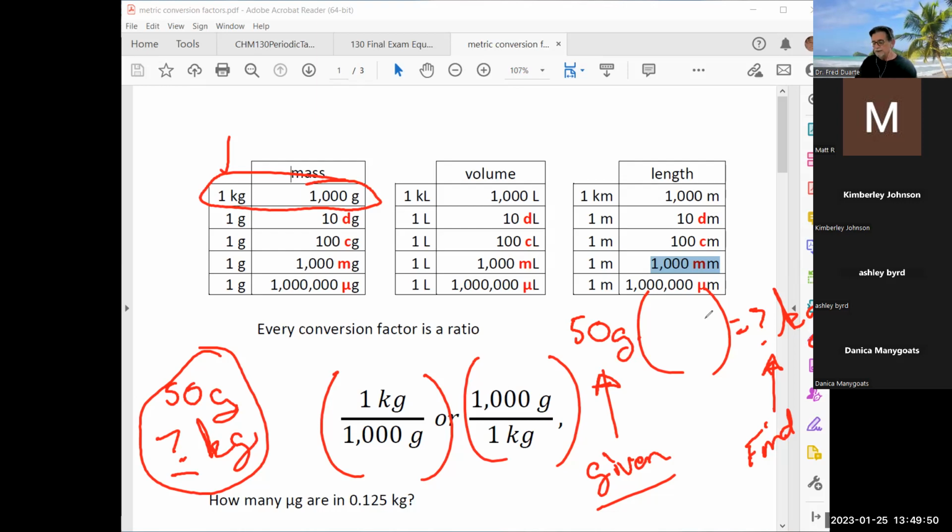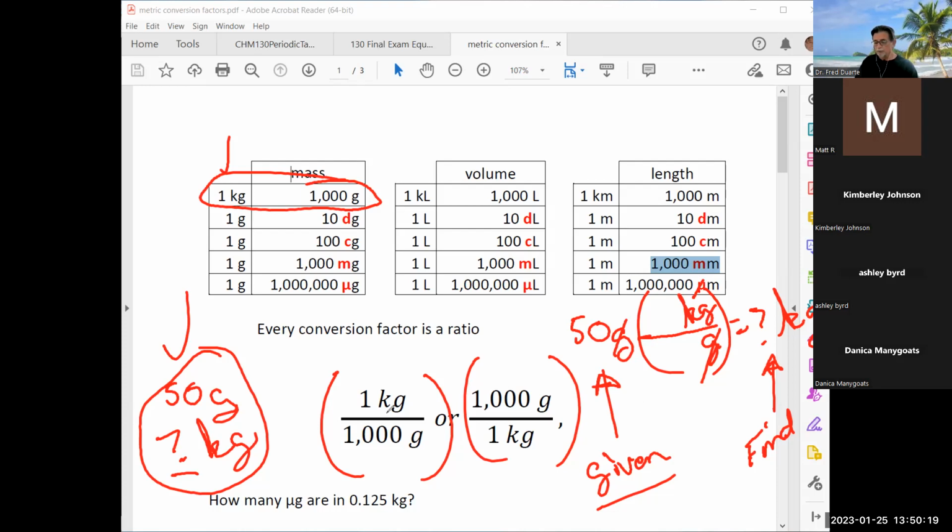So that tells me that I set up my factor to multiply across. Now, obviously, I want to cancel grams, so I'm going to put grams in the denominator in that factor. And the units that I'm looking for will always be in the numerator. Why is that? Because look, as I multiply through, my grams cancel, leaving me with units of kilograms, which is what the problem asks for, okay?